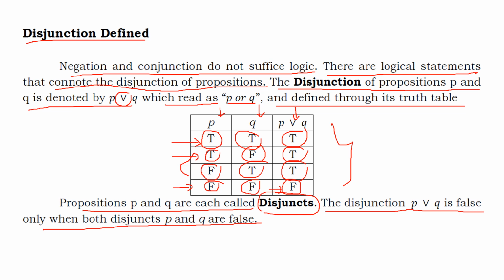But if one of them is true, then the resulting truth value is true. If both of them are true statements, then the truth value again is automatically true. So that's how we deal with your disjunction by simply using your truth table here. We just simply see the difference between your conjunction and disjunction.